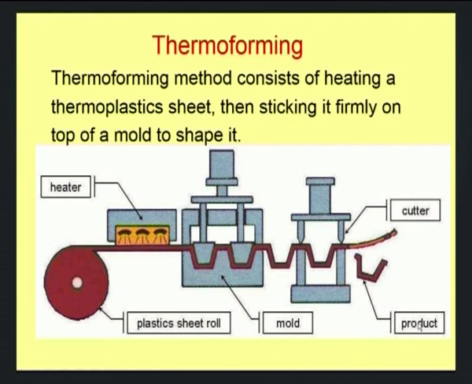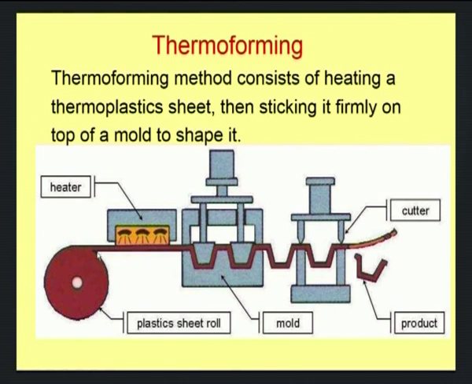Next, we will move on to thermoforming. As the name itself implies, heat is used to form the shape. The thermoforming method consists of heating a thermoplastic sheet, then sticking it firmly on top of a mold to shape it.